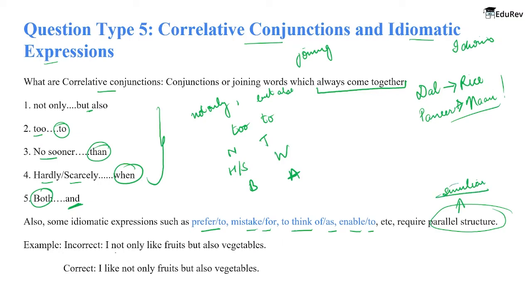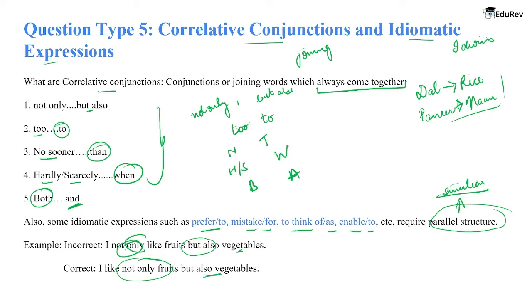The incorrect statement is, I not only like fruits but also vegetables. So with not only, they have written but also for vegetables. Not only should be used for fruits. The correct statement is, I like not only fruits but also vegetables.